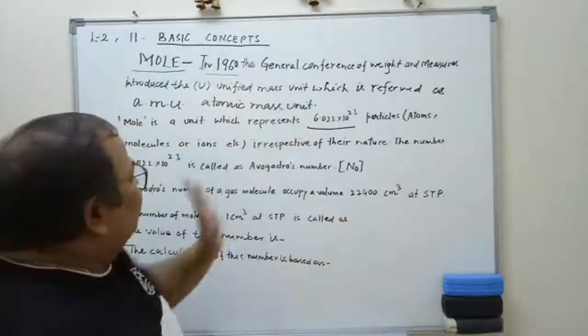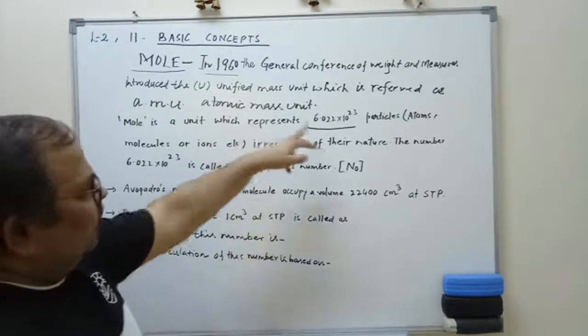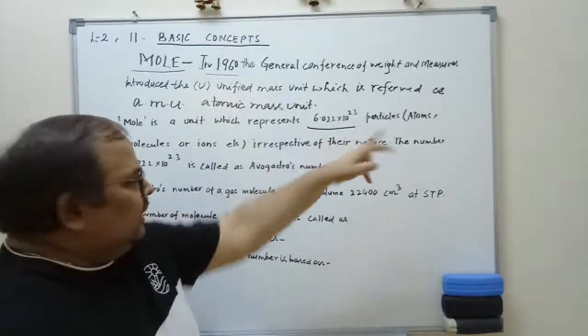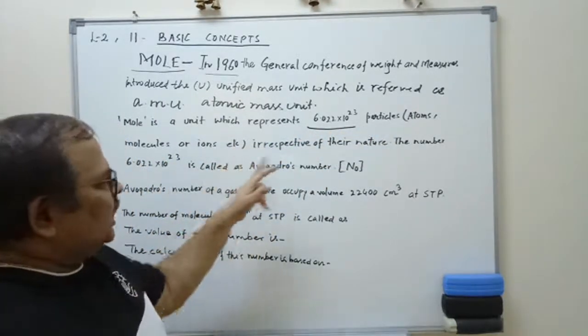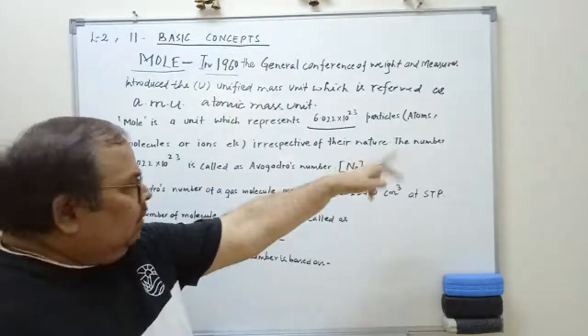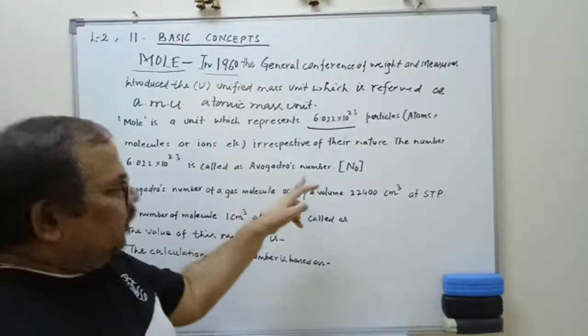So now, hope this is clear. This unit represents this many particles, atoms, molecules, or ions, etc., irrespective of their nature. The number is known as Avogadro number.